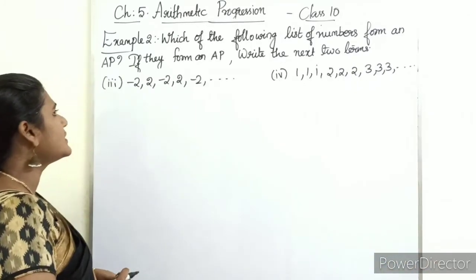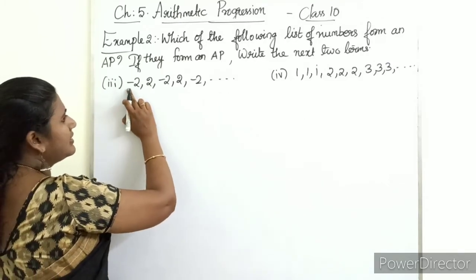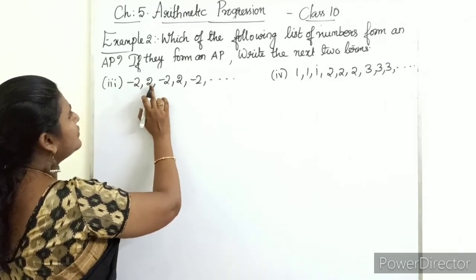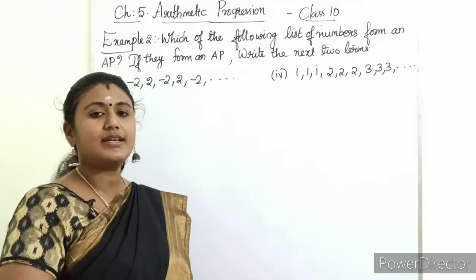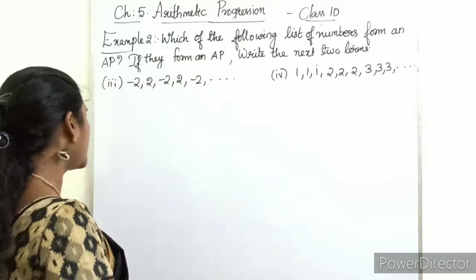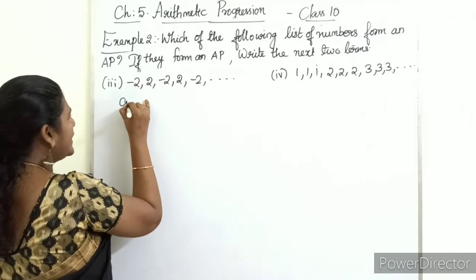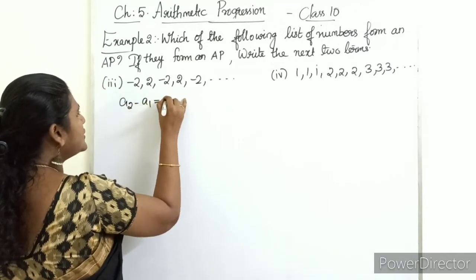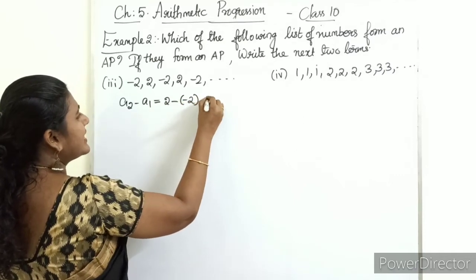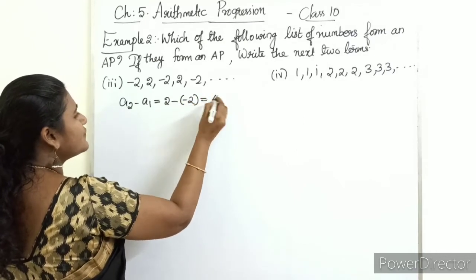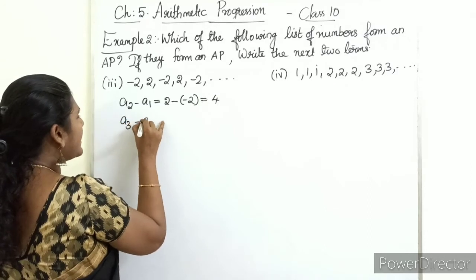Okay, so the list of numbers given is minus 2, 2, minus 2, 2, minus 2, and so on. We have to check whether the given list is an AP or not. So first we will calculate A2 minus A1, that is 2 minus minus 2. When you simplify you will get 4. The difference is 4. Now A3 minus A2.